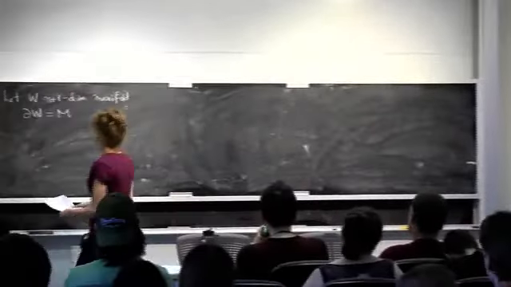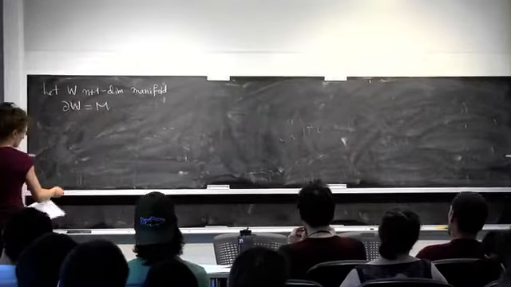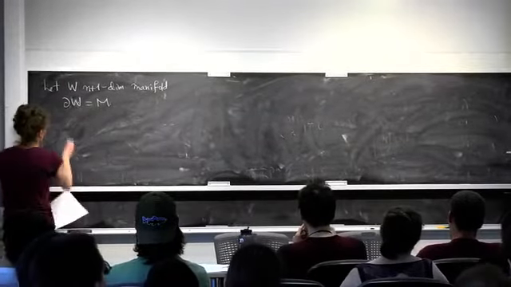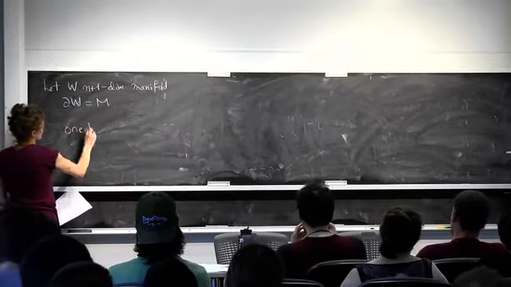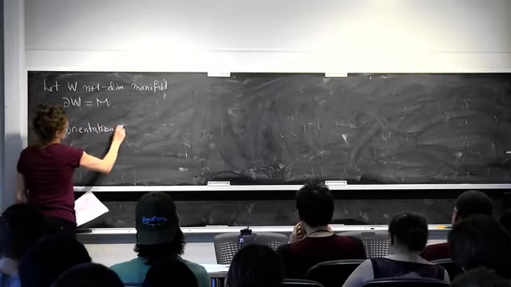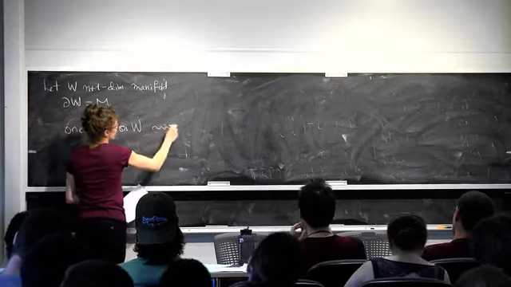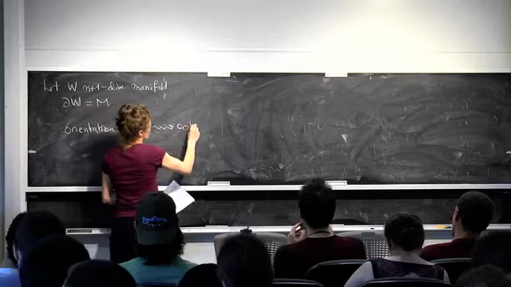So that's the easy direction. Okay? So what do we have? If you have an orientation on W, well, it induces an orientation on the boundary.